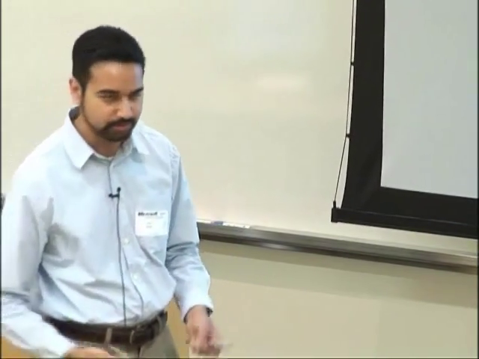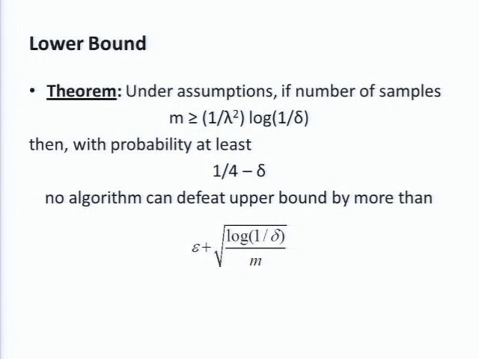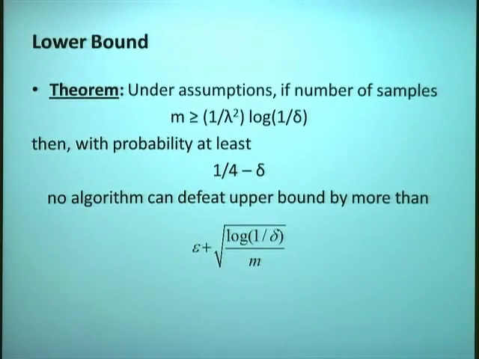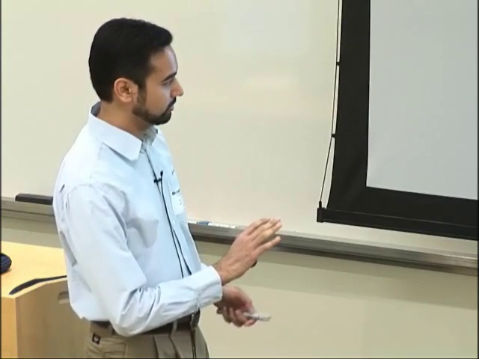Okay, so under these 3 assumptions, which I hope I've convinced you are reasonable, we have the following lower bound. So if the number of examples is at least this many, here lambda is from the stability assumption, then with at least constant probability, no algorithm is guaranteed to have generalization error that's more than this much better.